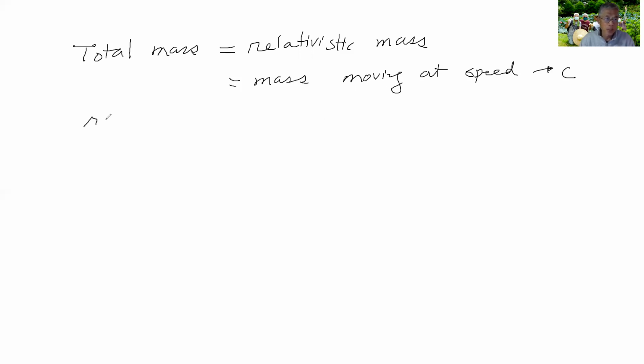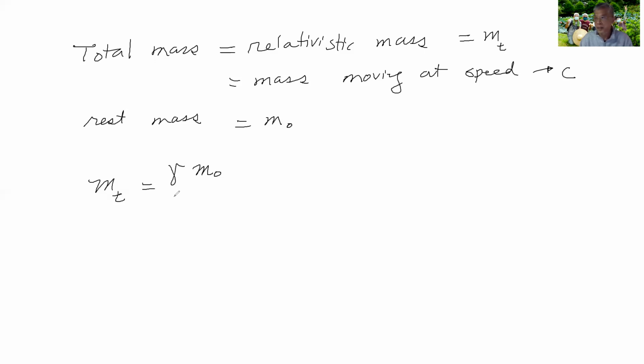And then you also have rest mass. So rest mass is equal to M0. And the total mass, MT, is defined as M0 times gamma.